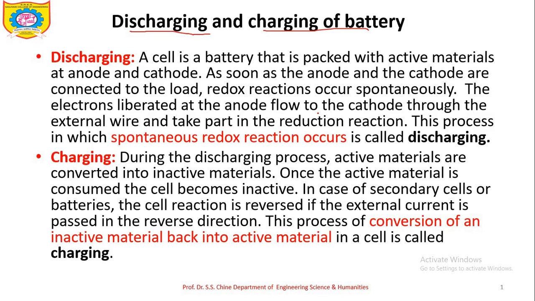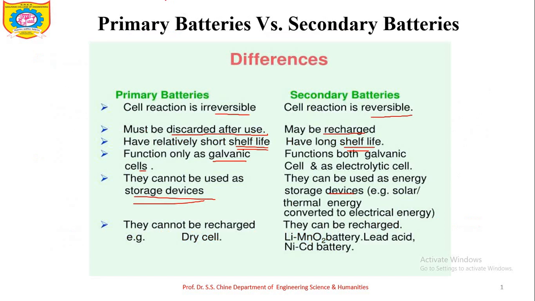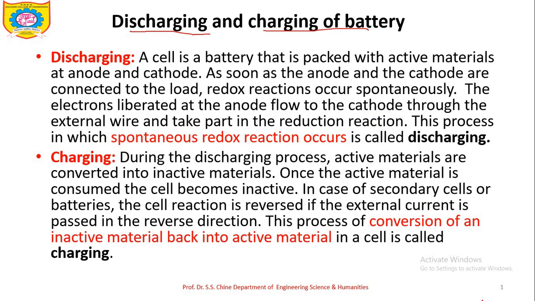So what happens exactly in the discharging and charging process? In the discharging process, the battery is packed with active materials at the anode and cathode.